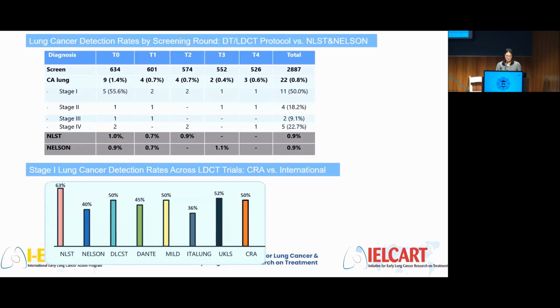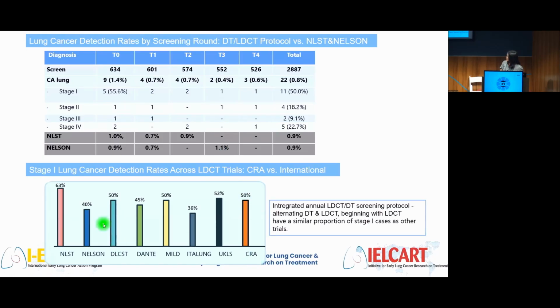This study showed that the overall lung cancer detection rate is around 0.8%, while NELSON and NLST are 0.9%. When looking at the stage 1 lung cancer rate across low-dose CT trials, our study is 50%, so it looks comparable with other international studies, but higher than NELSON, which used an interval longer than annual.